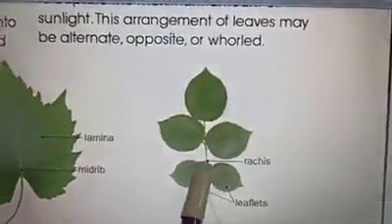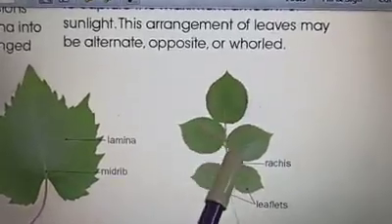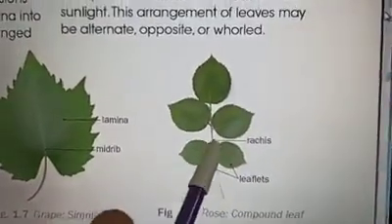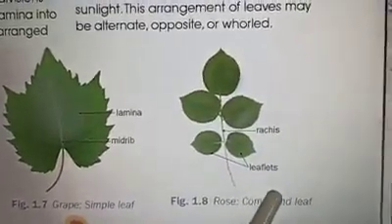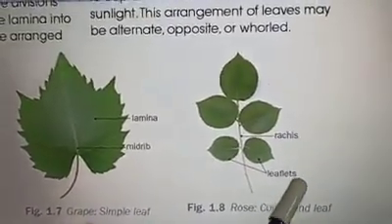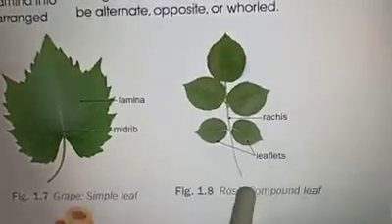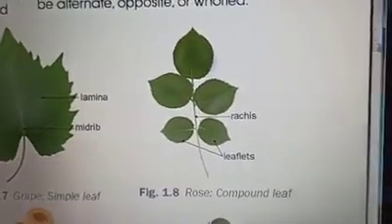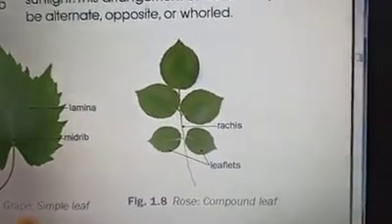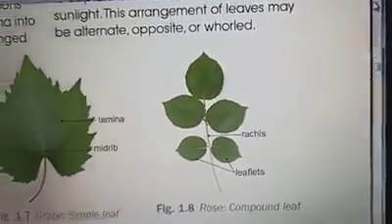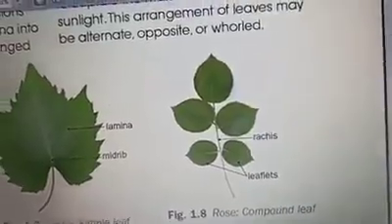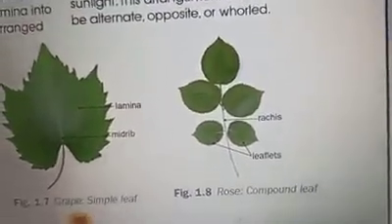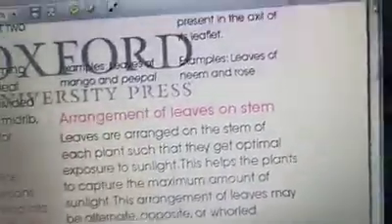Look at those leaflets, and the midrib is called the rachis. So remember these two terms, rachis and leaflets, which are very important for your examination. Examples of compound leaf are rose, tamarind, etc. So these two types of leaves are present in your syllabus.